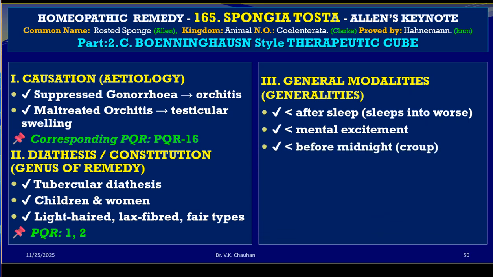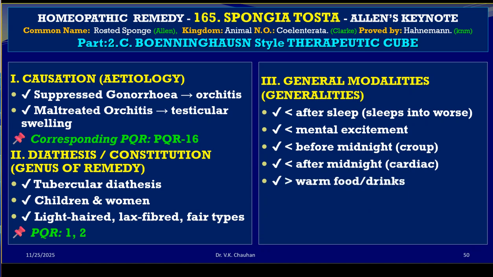And complaints are worse before midnight, whether it is a heart symptom, whether it is a respiratory symptom, all get worse during the midnight, and worse after midnight, especially cardiac symptoms. Better by warm food and drinks, and this information is coming from PQR 5, 6, 12, 13, 14, and 15 from Allen's keynote.